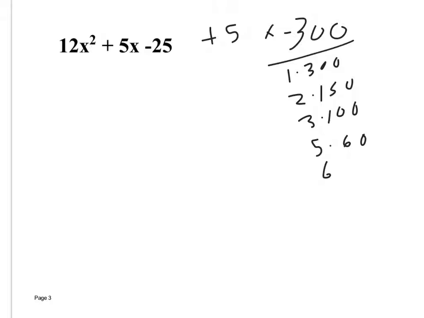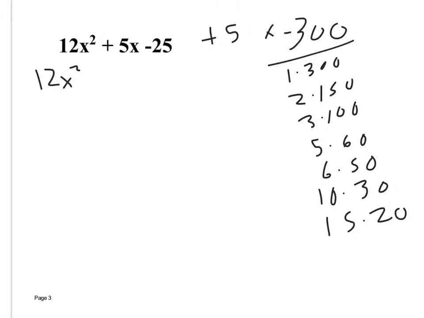What would that be? 50. Let's just skip to 10. 10 and 30, still no. Let's try, what's 300 divided by 15? 20. Do we have an answer? Yeah, there it is.